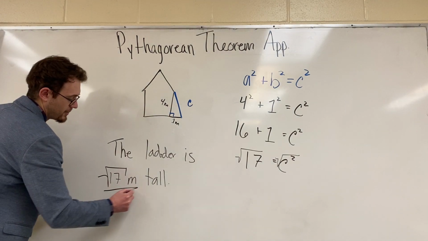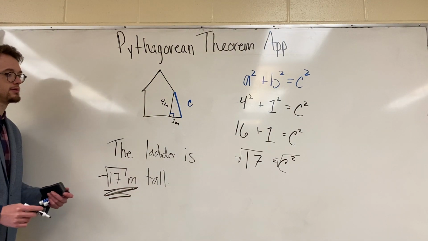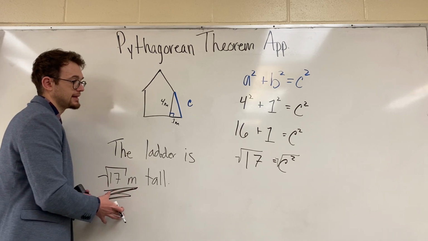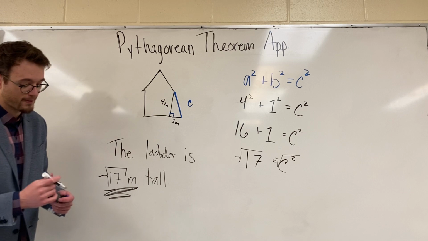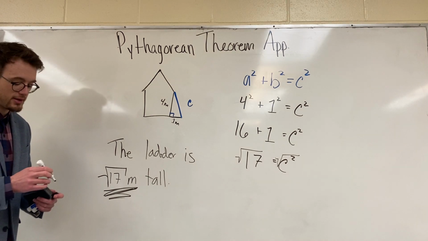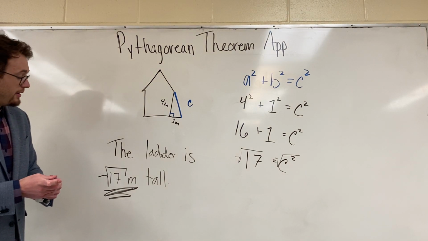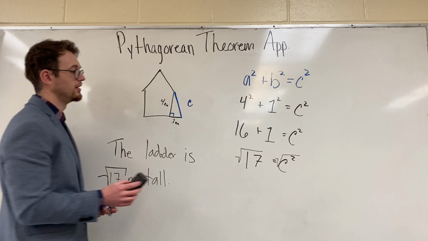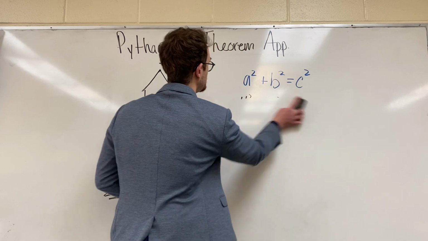And again, for my students, because we're doing multiple choice, they just need to select this one because that is the one that is going to be in their multiple choice problem. All right, not the decimal version. All right, let's move on to a different type of Pythagorean theorem application problem.